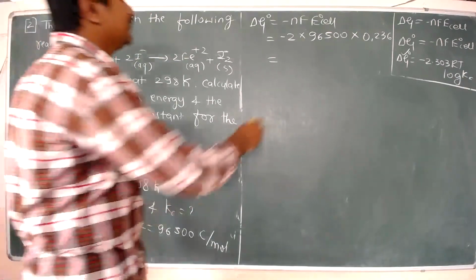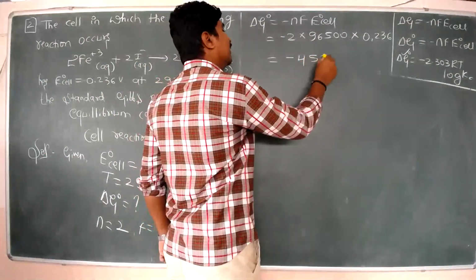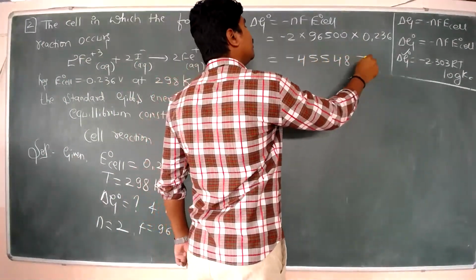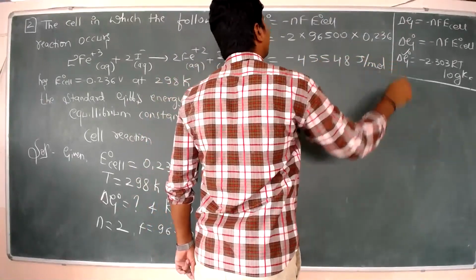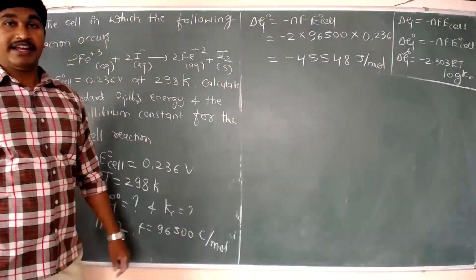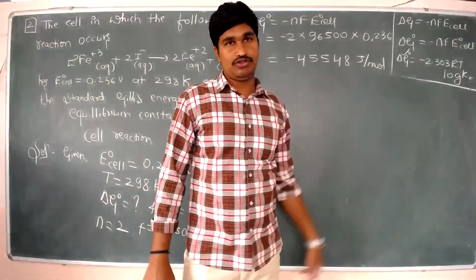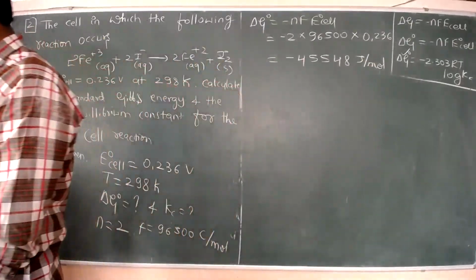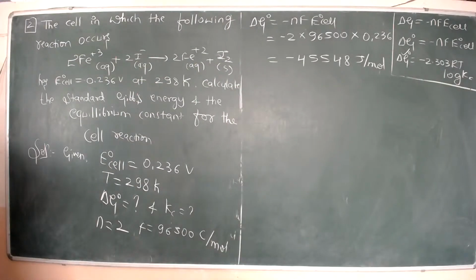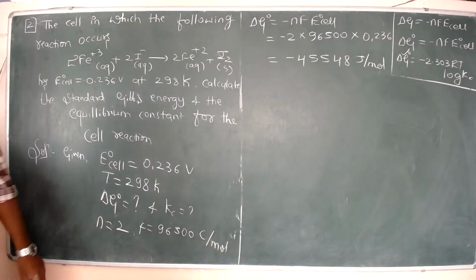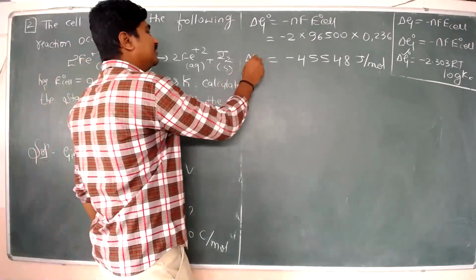It will be minus 45548 joule per mole. Energy is measured in joules, but per mole it is joule per mole. This is the delta G naught value.